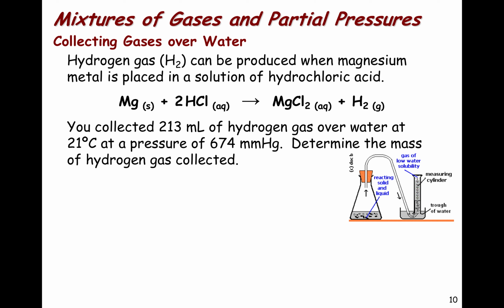There's a stopper that has been placed into the Erlenmeyer flask with a tube that then allows the gas to be forced over into an inverted graduated cylinder.